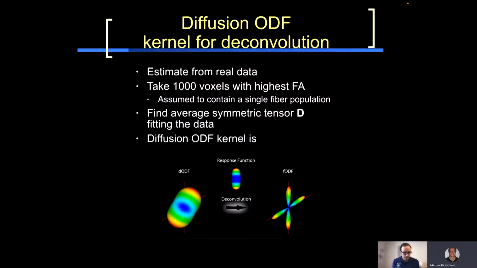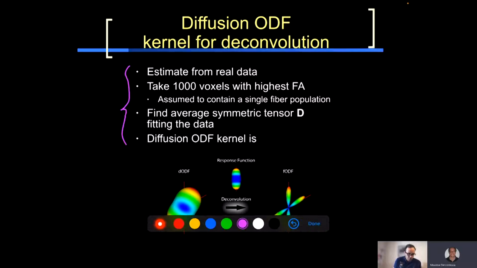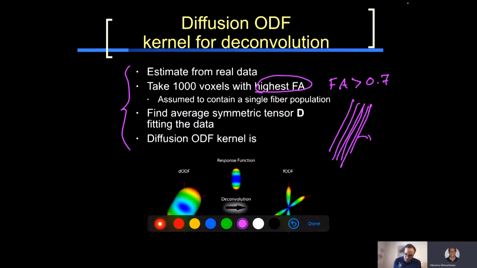And so typically in the algorithms, we have automatic response function estimators. That's what we do in DIPY. And so a good solution is to go look for voxels where the FA is high, for instance, FA above 0.7. So we know we're in single fiber voxels, and this behaves like a diffusion tensor. So we can estimate this response function and then use it in the deconvolution process.